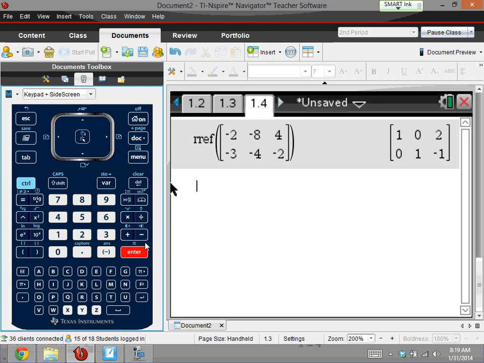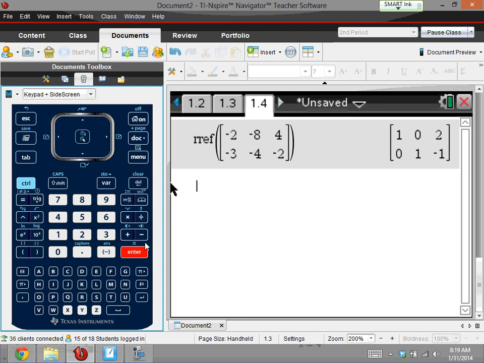Okay. Well, your first column is the x column. And what you have to realize is that this is an equation, and what it says is that 1x plus 0y equals 2.